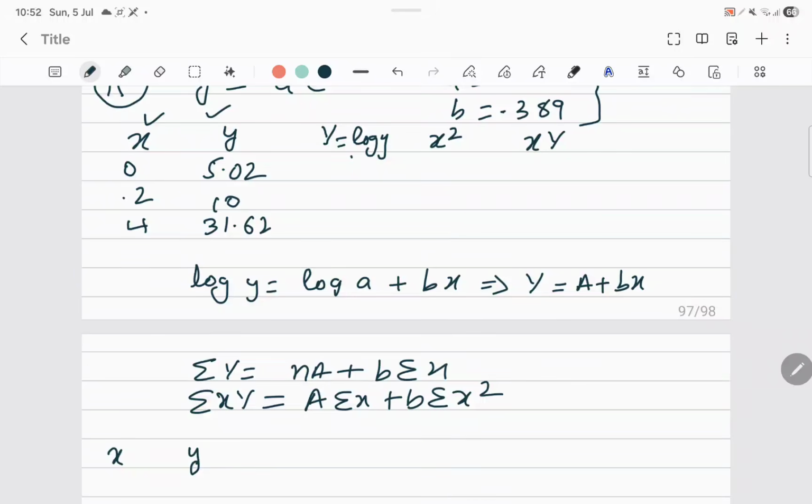So now you will take shift ln 5.02, which is 1.613. Then shift ln 10, that is 2.302. Shift ln 31.62.